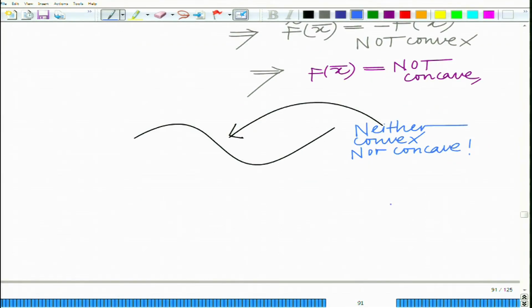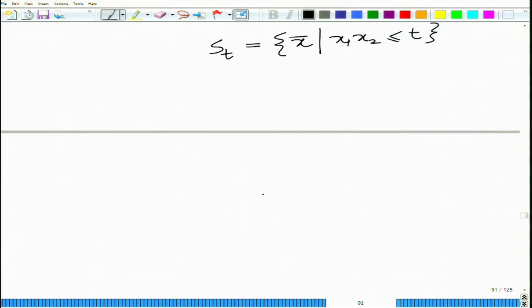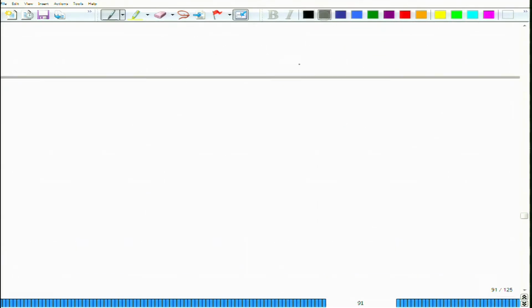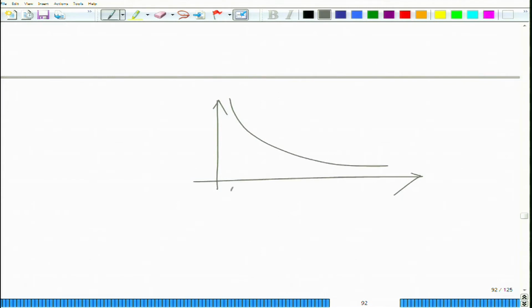How about quasi-convexity? For quasi-convexity, remember you have to look at the level sets S of t equals x bar such that x1 x2 is less than or equal to t. If you plot this, the set x1 x2 less than or equal to t will be this set.